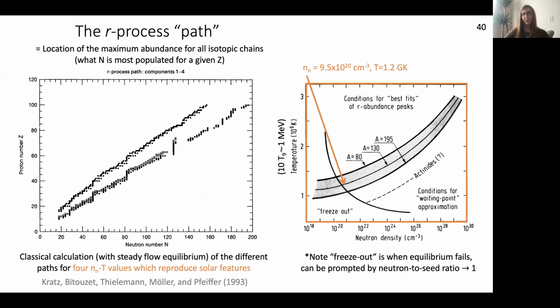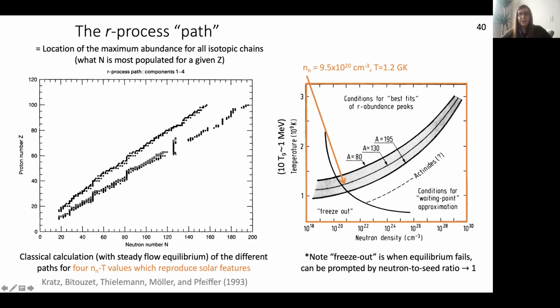Okay, so another important thing you're going to see in the r-process literature is the r-process path. And this is a term that originates in these classical calculations, because as you can see here, these are 4 different what we call r-process paths, or the location of the maximum abundance for all isotopic chains. So essentially what N is most populated at a given Z, okay?